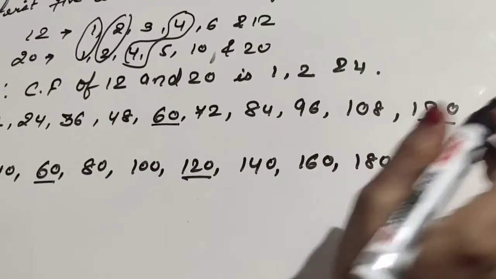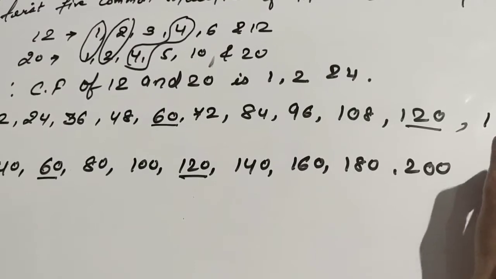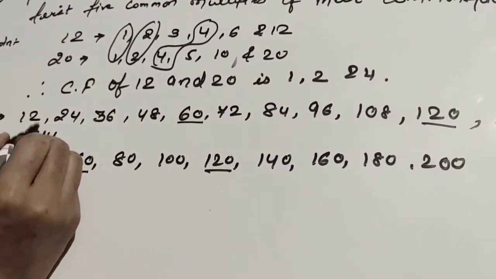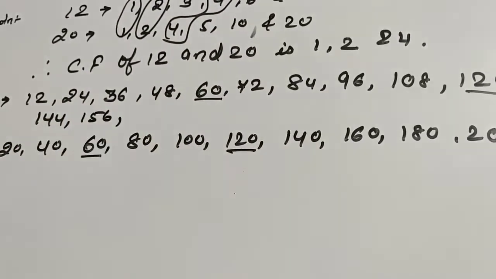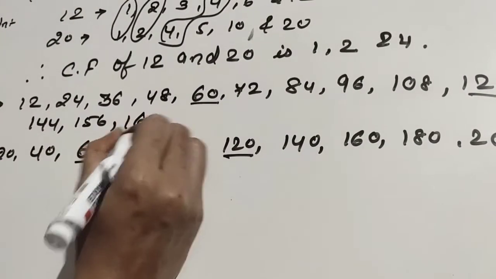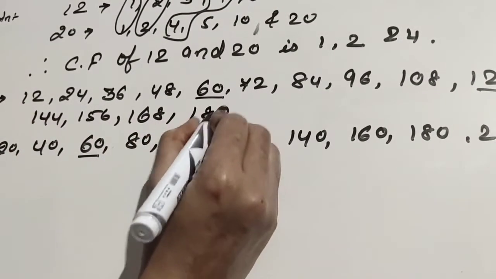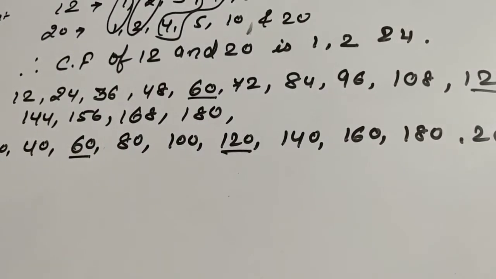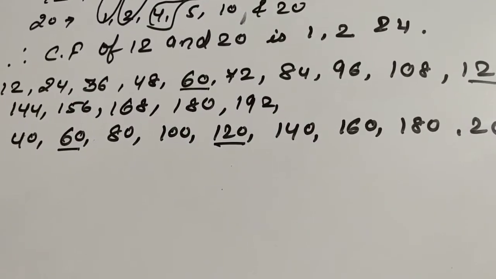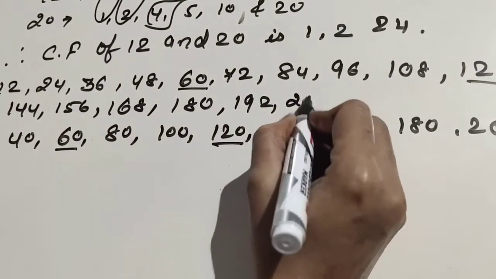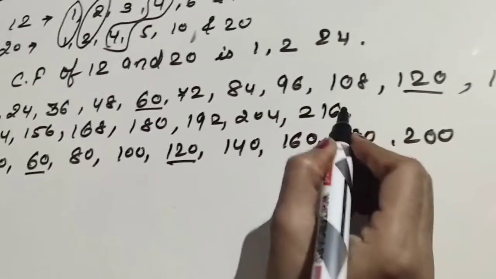So 12 11 is 132, then 12 12 is 144, then 156, 168, 180, 192, 204, 216.